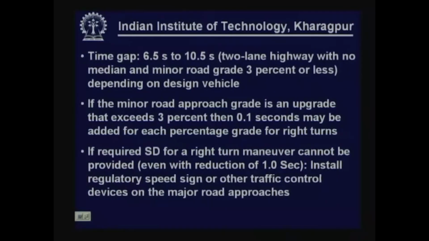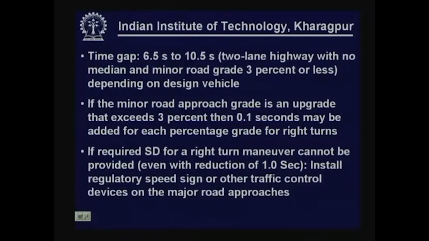So, for left turn it was 7.5 to 11.5, here it is 6.5 seconds to 10.5 seconds, but these values again depend on the type of vehicle, whether it is a car. For car it should be 6.5, for commercial vehicles, heavy vehicles it should be more, and this is the value which is applicable for 2-lane highway with no median and minor road grade 3% or lesser.